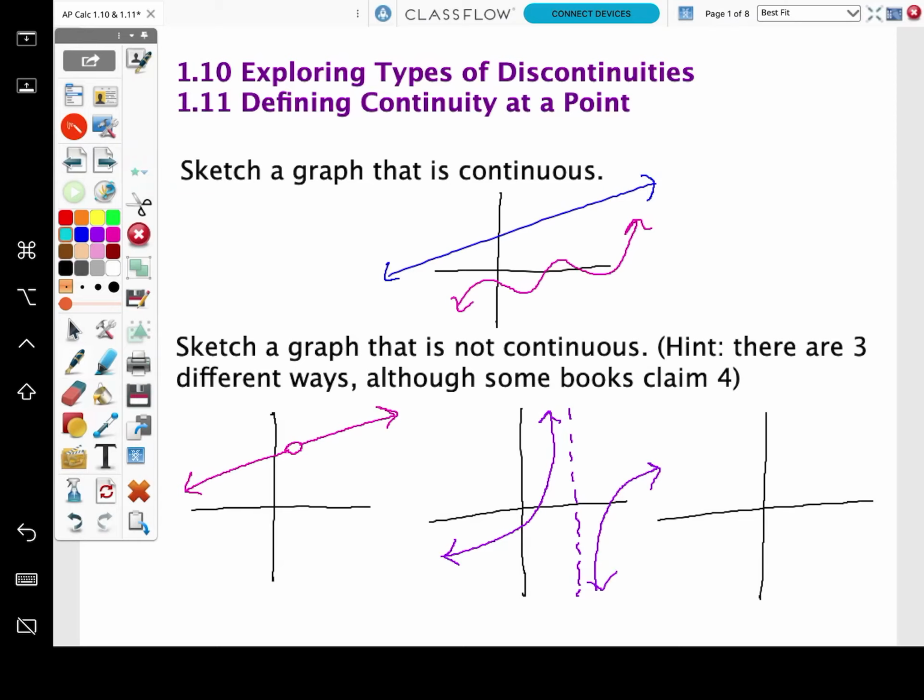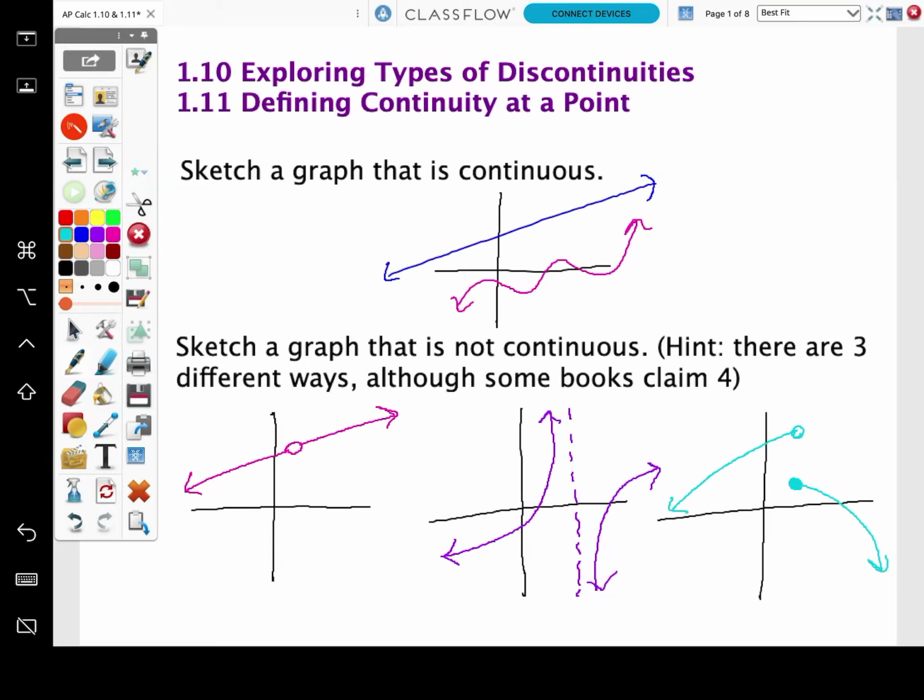And the third one you've seen quite a bit in the last half of the chapter when we were talking about limits. We would have one function or part of a function that comes up here to a hole, and then maybe this one is a closed circle and it does something else.